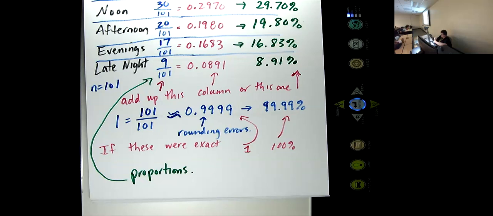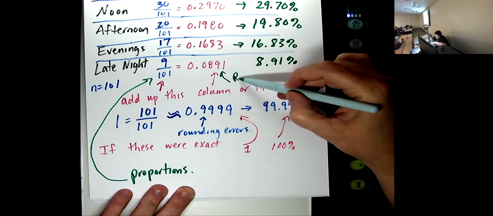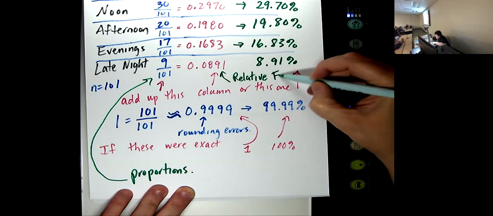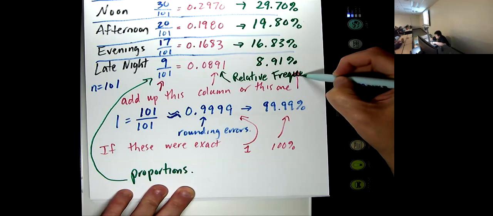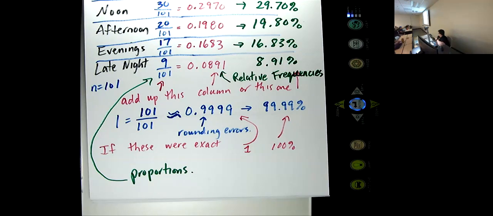So this column right here is our relative frequencies. That's the way we're going to see most stuff, as decimals. The fraction is also a relative frequency, but most of the time the homework is not going to have you enter a fraction. They're going to want a decimal answer.